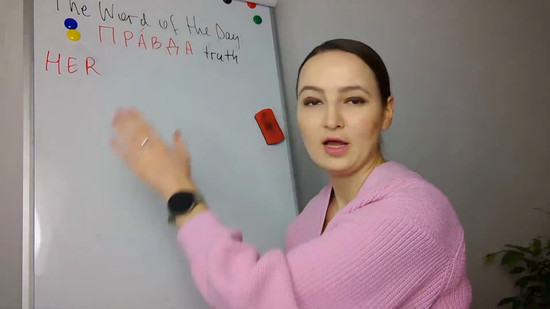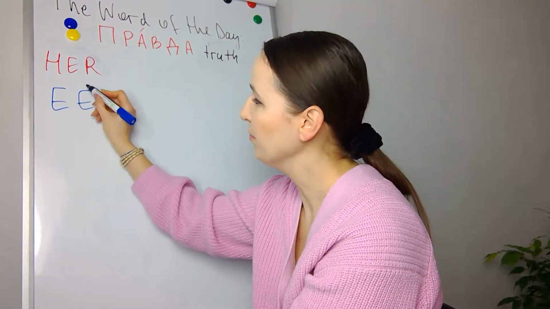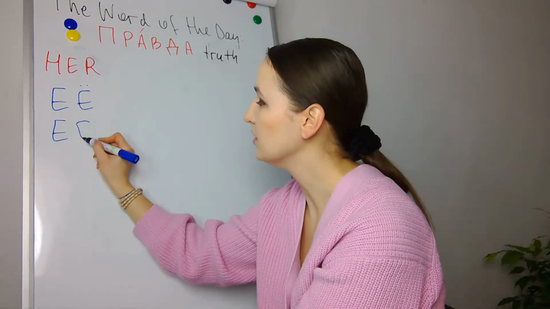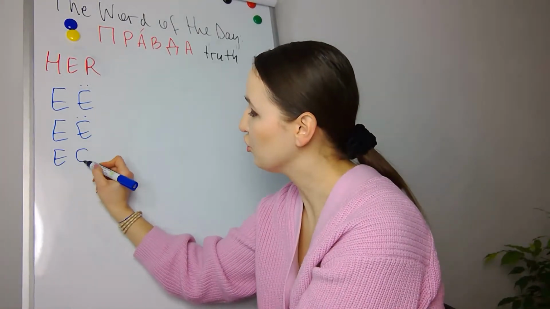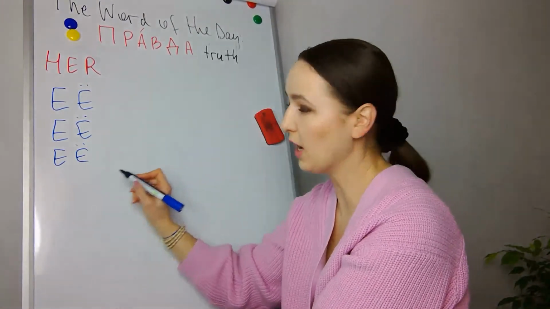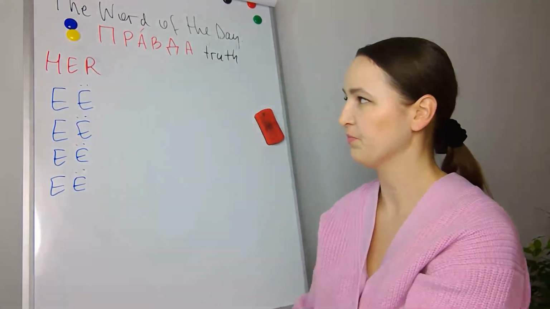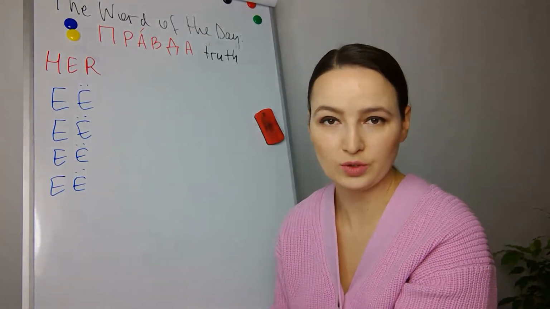Её for any gender and for plural. Её followed by a feminine noun or masculine noun, её for a neuter noun and её for plural. Her. Её. And let's look at some examples.